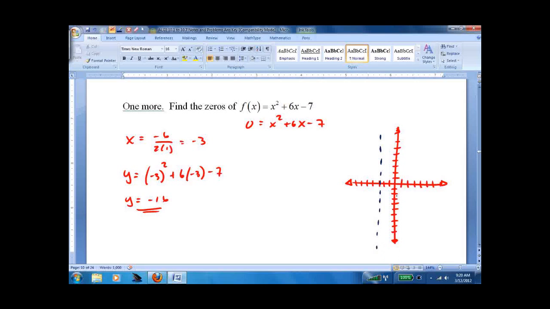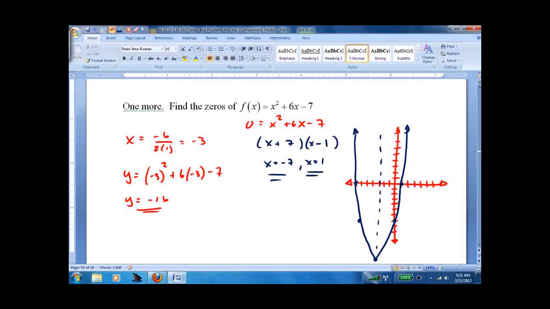Off the charts, negative 16. Right about here. Hits at negative 7. Go over 3, should be right about there. Okay, it looks like it's going to go up and hit. Let's find out where. Negative 7 and 1. So here and here. Looks good. 2 solutions, 2 roots.